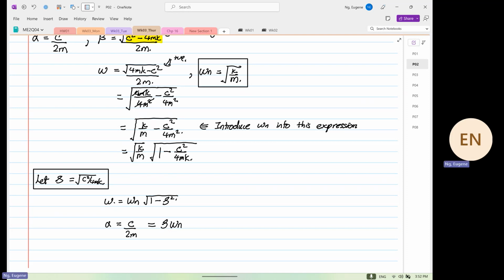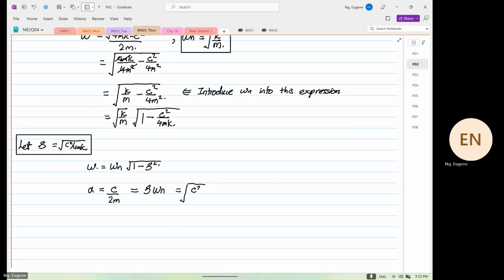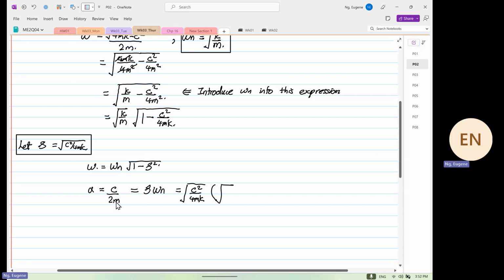What do you mean? Why is it square root? Okay. So with this, zeta is equal to square root of c squared over 4mk, multiplied by square root of k over m.